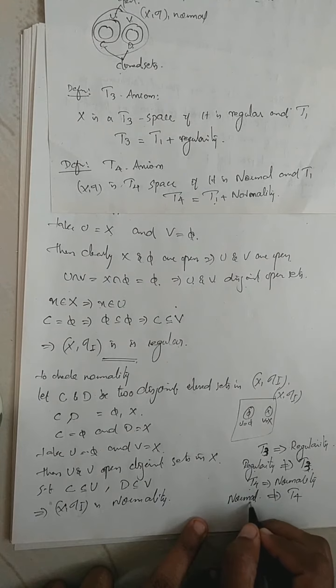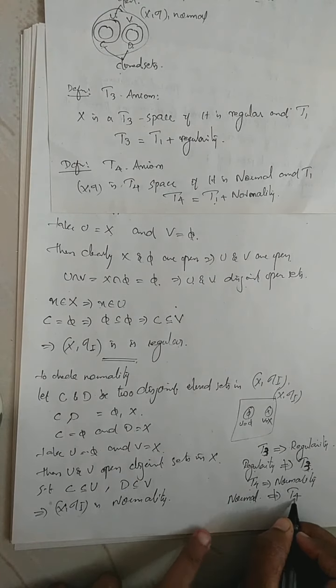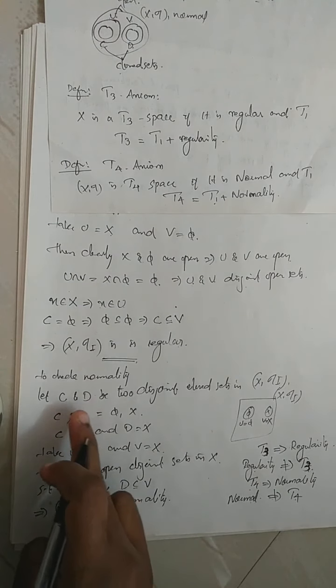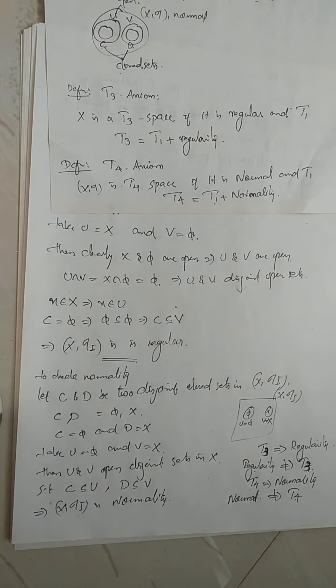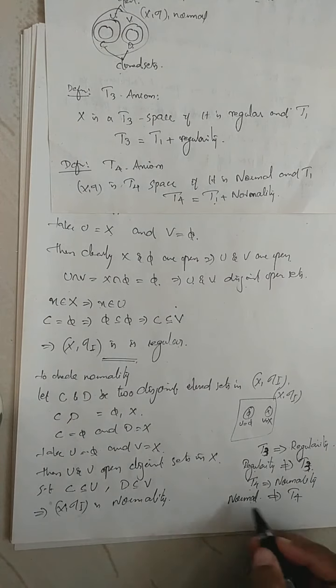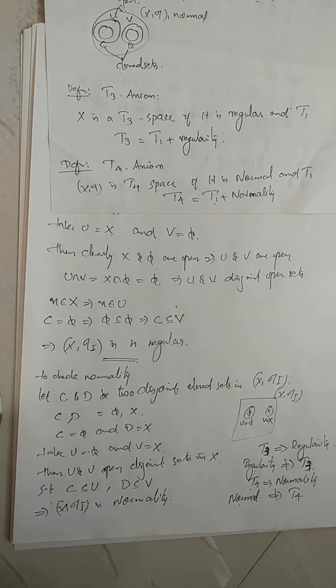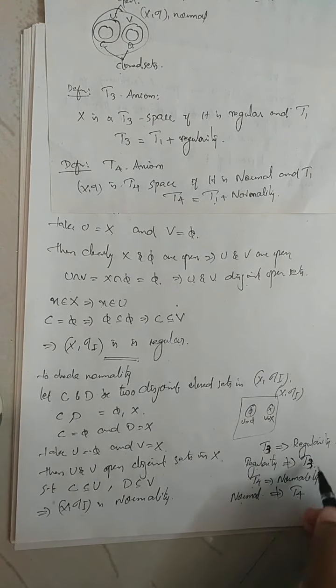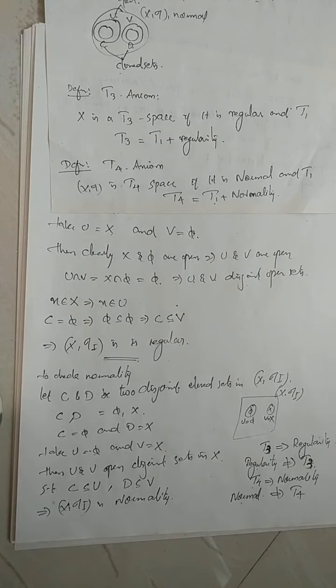So normality need not imply T4, which is also shown by the indiscrete topology. So the indiscrete topology is normal but not T4, and it is regular but not T3. This indiscrete topology does not satisfy any of the separation axioms T0, T1, T2, T3 and T4, but it is regular and normal.